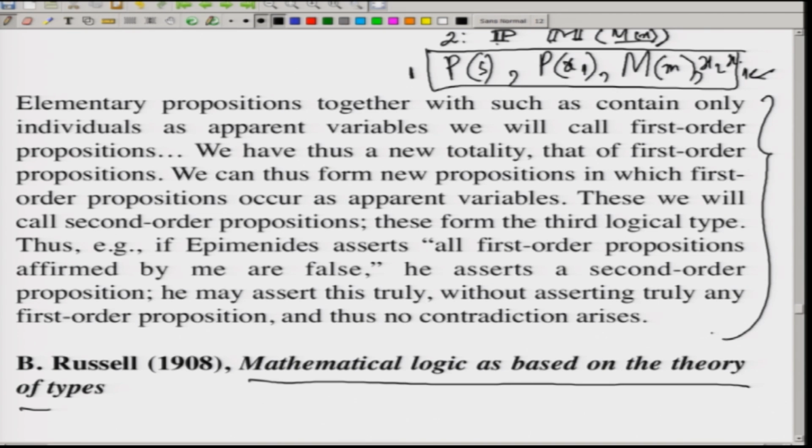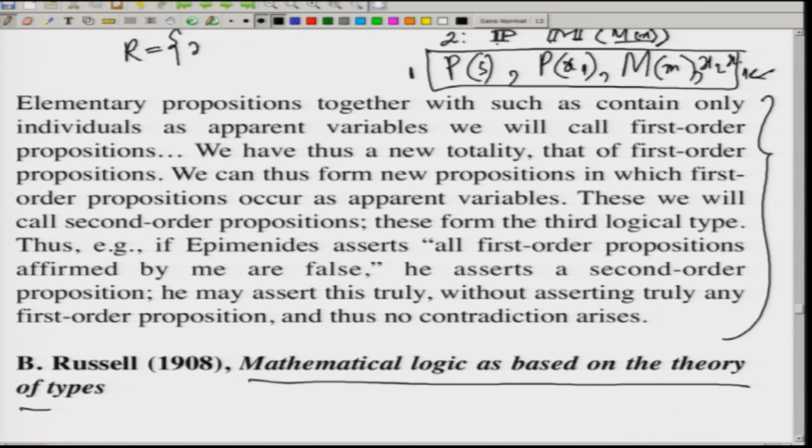Our discussion was based on this paper of Russell, and this quote is very important for us. Now, we can see how it prevents the paradox, that is the liar's paradox or Russell's paradox. As far as sets are concerned, a set will not have itself as a member. The set has to be constructed in such a way that it will never talk about itself. And if you see the old construction, set R is a set of all x such that x does not belong to itself.